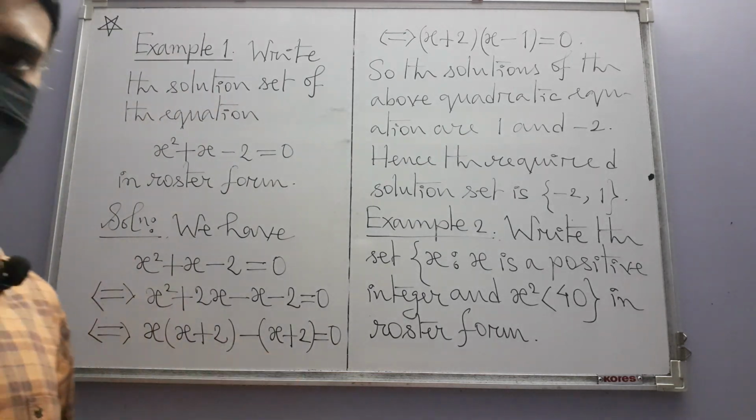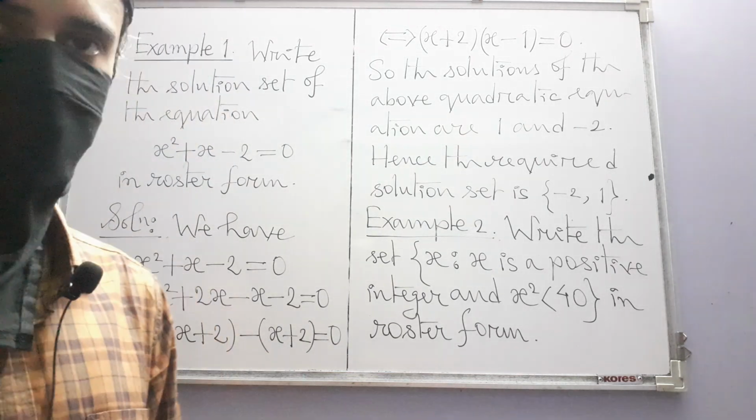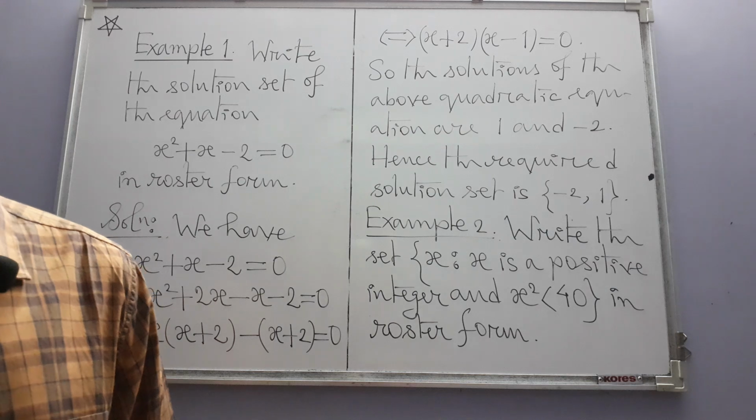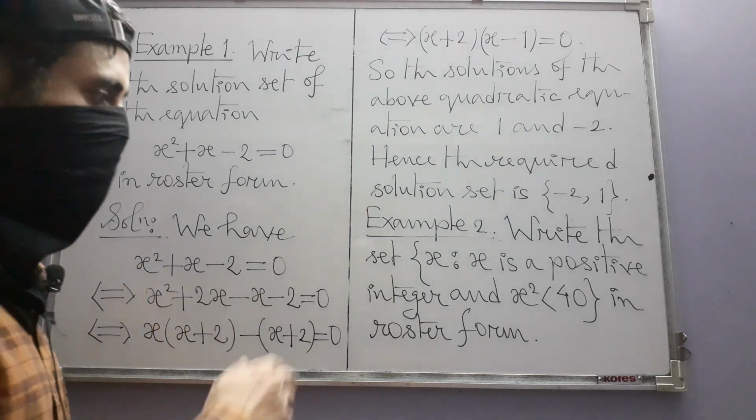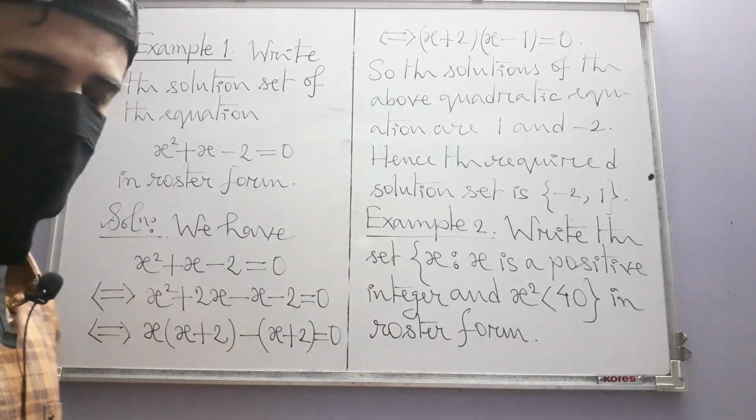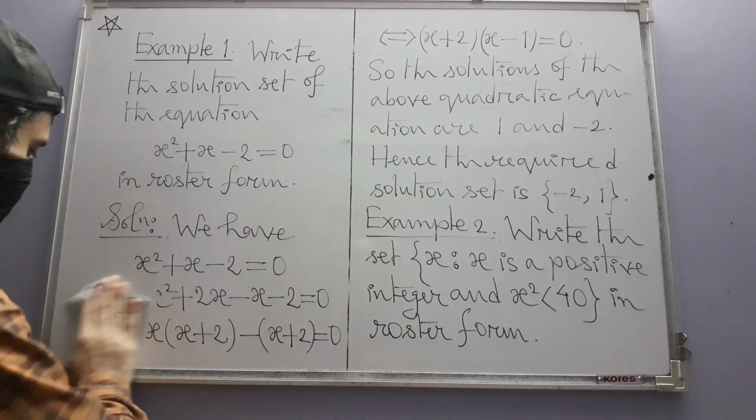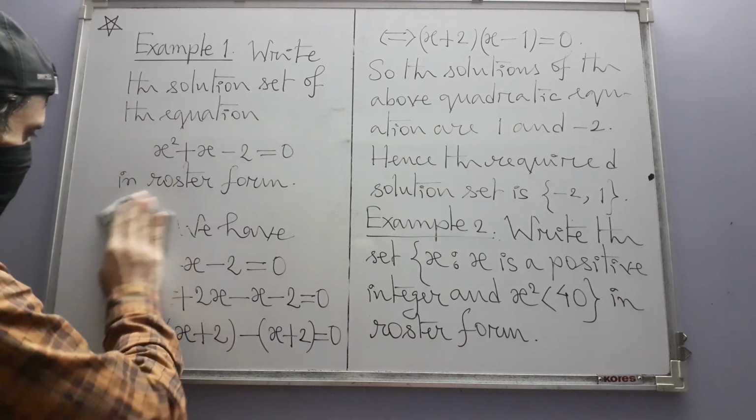So it's given in set builder form, and we have to write the same set in roster form. And for that, of course, we need to know precisely the elements of this set, so that we can make a list of them.